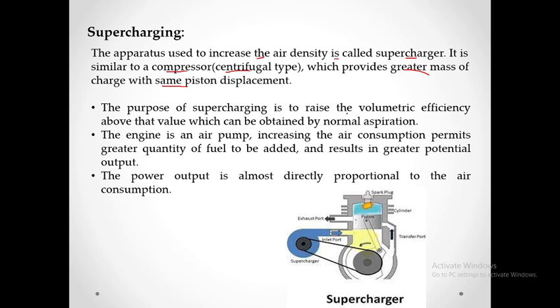The purpose of supercharging is to raise the volumetric efficiency. The engine is an air pump; it increases the air consumption, which permits a greater quantity of fuel to be added and results in greater potential output. The output obtained is almost directly proportional to the air consumption.